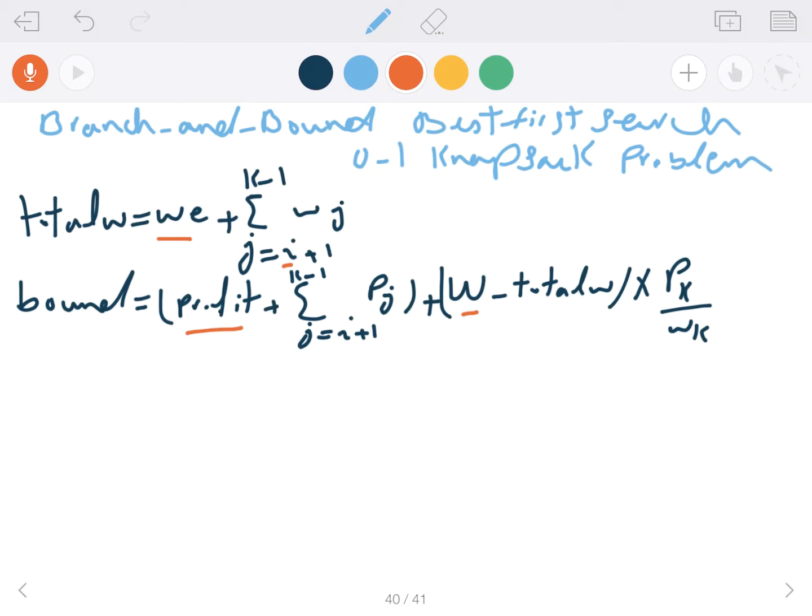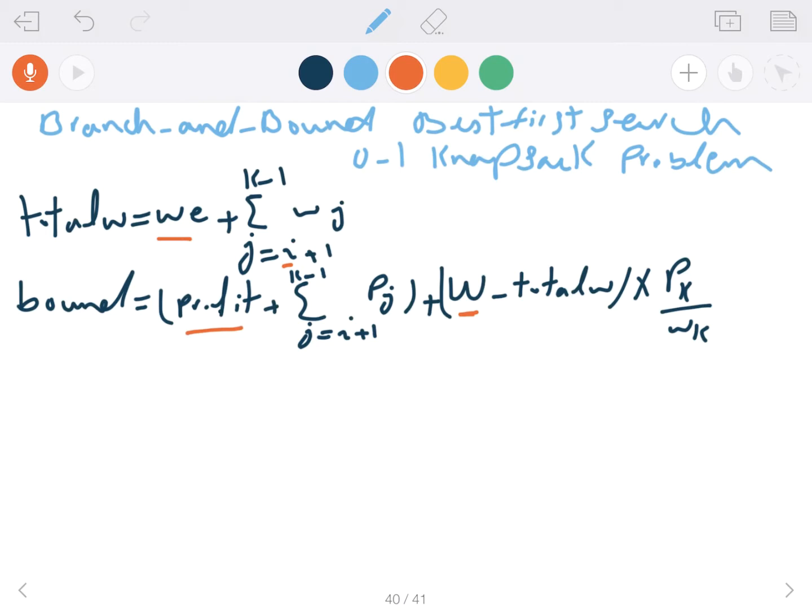And similar to the concept that we talked about with w_j, we also have p_j, so p subscript j, and j goes from i plus 1 to k minus 1. Again, the same concept applies for why we are choosing from i plus 1 to k minus 1. And at the end, we have the maximum weight that can be carried, that is W, minus the total weight that we calculated, multiplied by the ratio of the value to the weight of the item that we cannot pick. So that's going to be our bound.